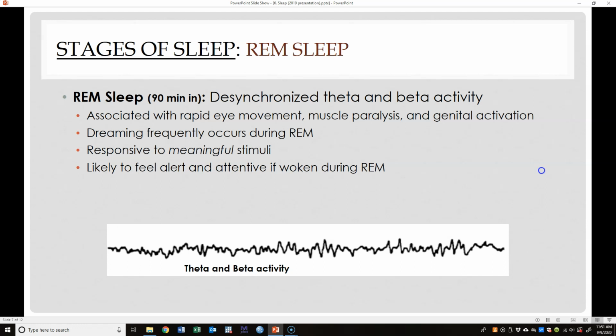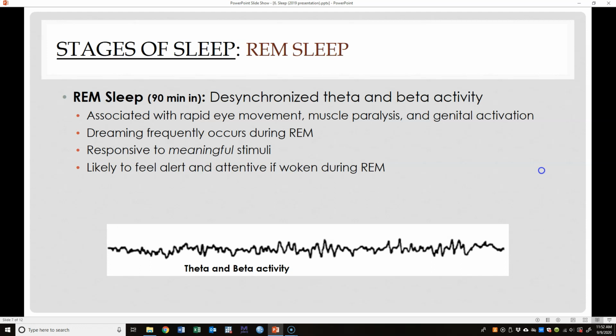What we'll see in REM sleep is eye movements. So your eyes will start to move around. If we've got sensors to monitor eye movement, we'll see the eyes move around. Also see muscle paralysis. When you kick into REM sleep, your body shuts down all your muscles, so you can't move around. Dreaming is often associated with REM sleep, not exclusively.